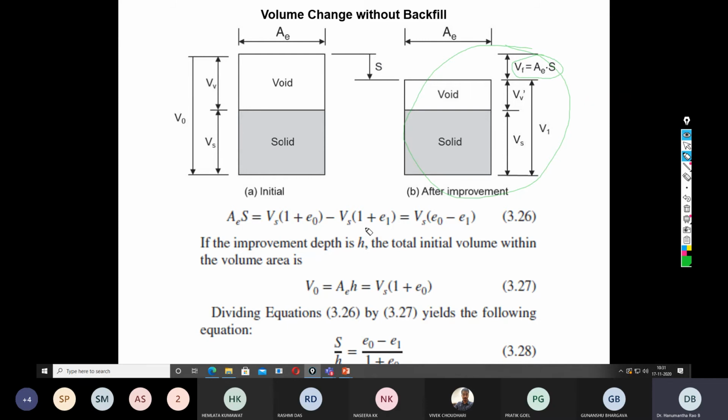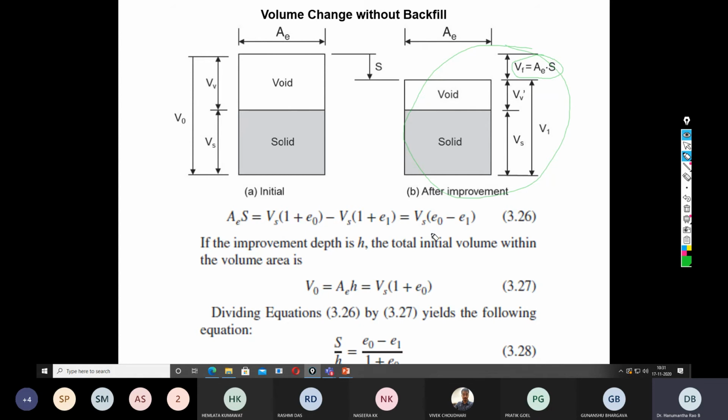Now these are some mathematical correlations. Based on this three-phase diagram, equating the change in the volume, A into S, where S is the change in settlement, A into S is nothing but Vs, that is the volume of the solid, multiplied by 1 plus e naught, that is the initial void ratio, minus the change in void ratio e1.